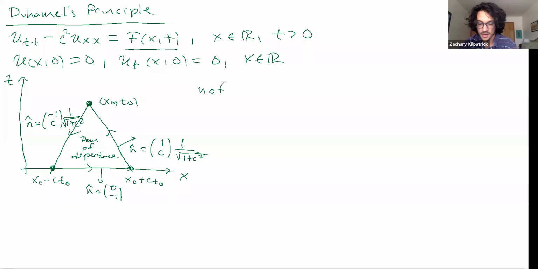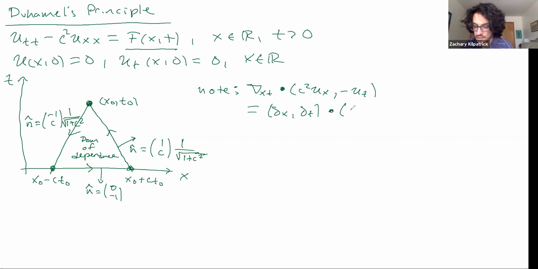So what we said is to note that if I take the gradient with respect to x and t and dot it to get a divergence of c squared ux minus ut, then this is essentially equal to dx dt dotted with c squared ux minus ut.